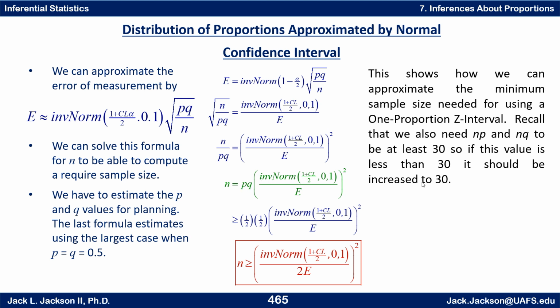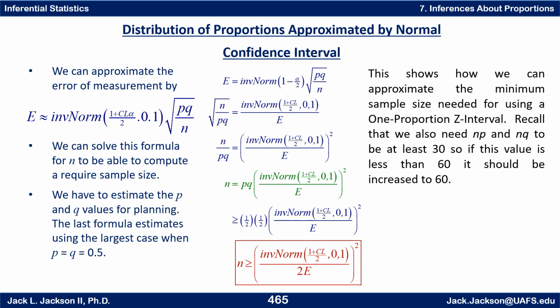So really we probably should increase to a sample size of 60. So if this n really is less than 60, you probably should use a sample of size 60 if you're going to be using a z interval. Okay.